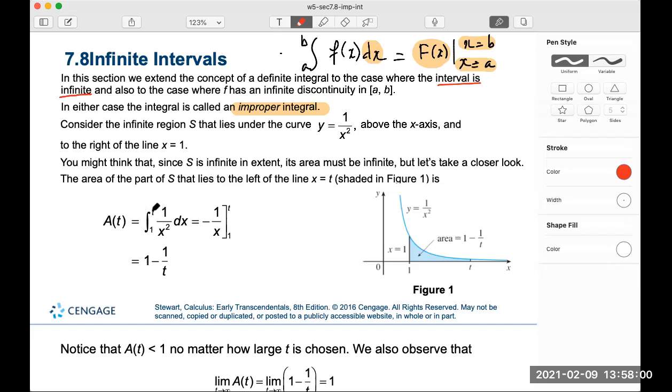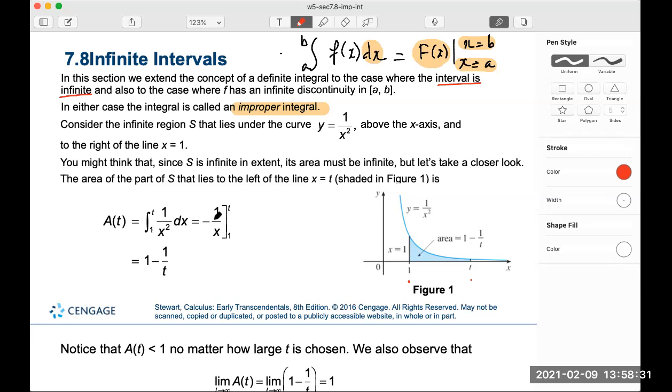If we take the integral from 1 to the point t, where t is larger than 1, it will give us the area under the curve, bounded by the lower limit 1 and t, the x-axis and the curve. This is a number.